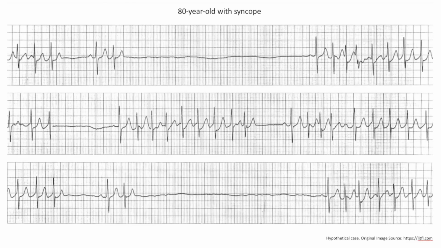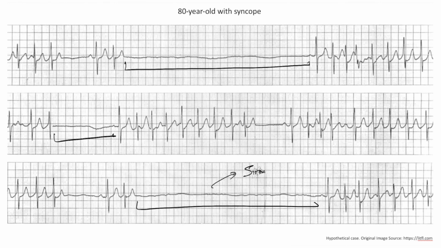Now, this EKG is that of an 80-year-old who presents with syncope. Right when you glance at the EKG, you can see this prolonged flat line. You can see another fairly long flat line and another prolonged flat line, and all these would be sinus pauses.